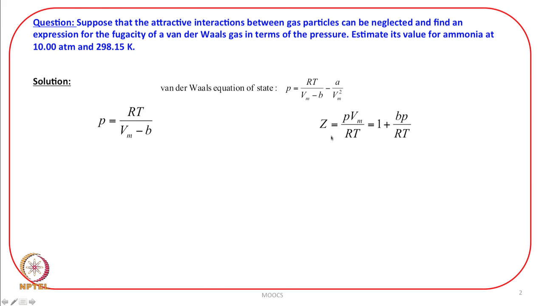Obviously, from this, (Z - 1)/P is going to be equal to b/RT. That is what we are interested in, because the fugacity can be determined from the integration of (Z - 1)/P dP. Since (Z - 1)/P is b/RT, when you evaluate this integral, it is very easy: it is bP/RT.